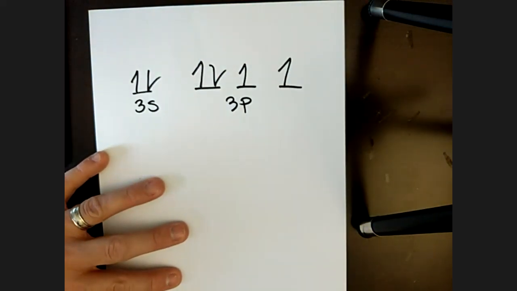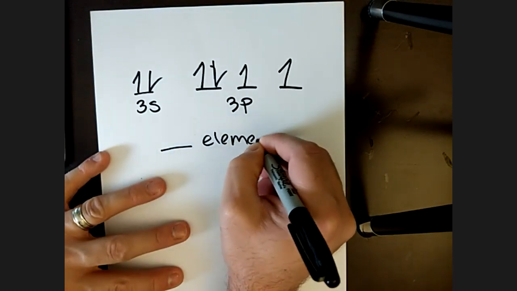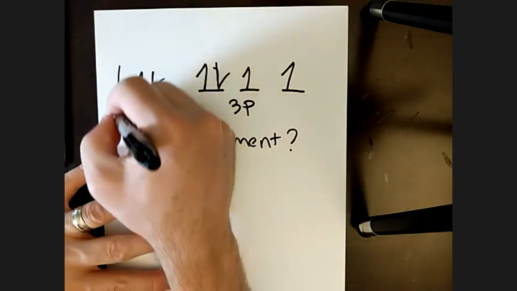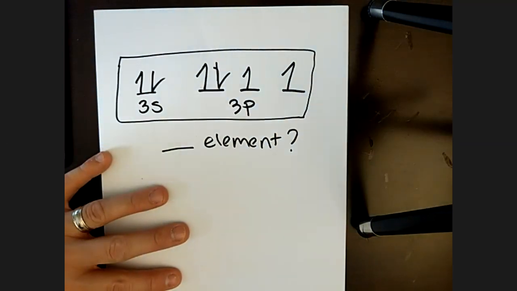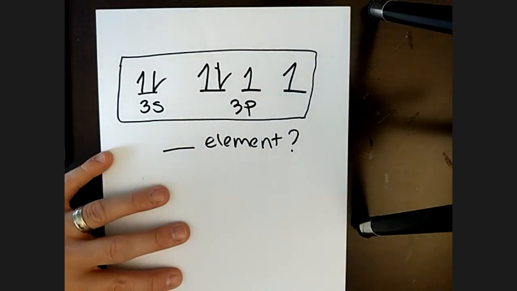Given this energy diagram, what element is represented by this energy diagram? Okay, so you have the question both ways. You have an element, give me the energy diagram. Here's an energy diagram, give me the element.